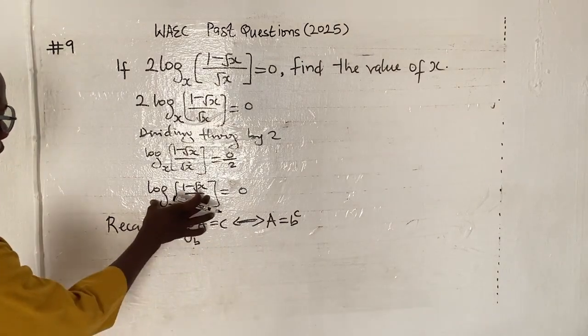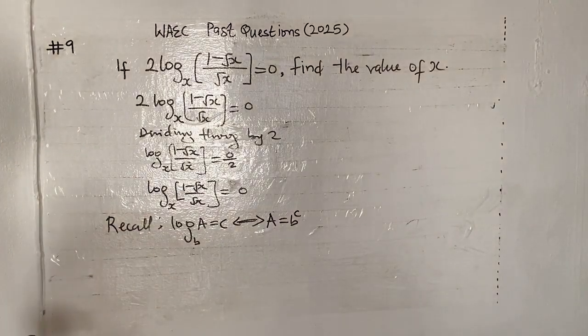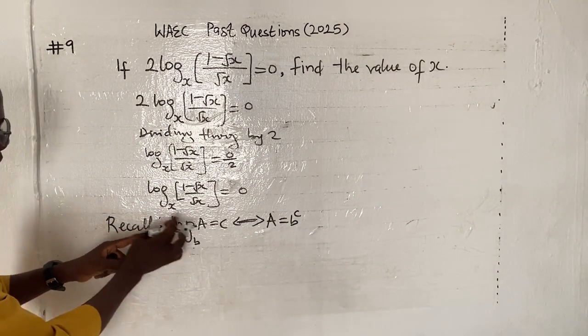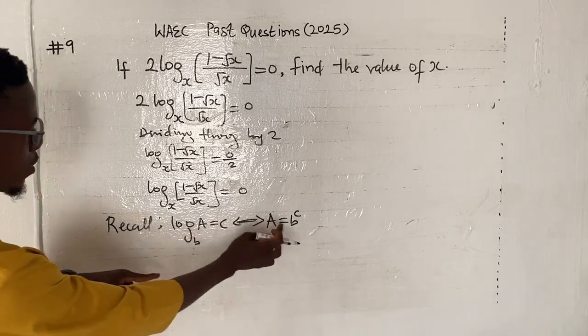So we can do the same to this. And what does that translate to? In this case, what is in the bracket is A, the base is B, and 0 is the C.